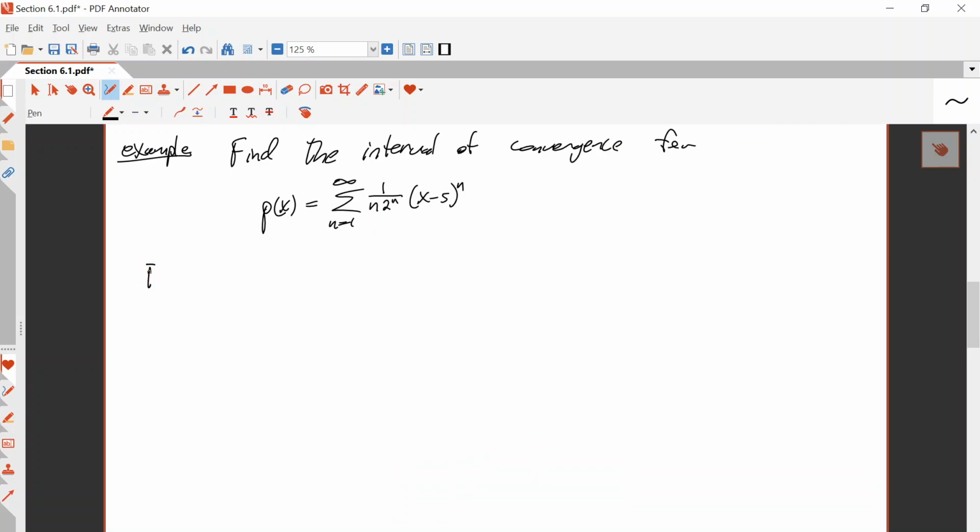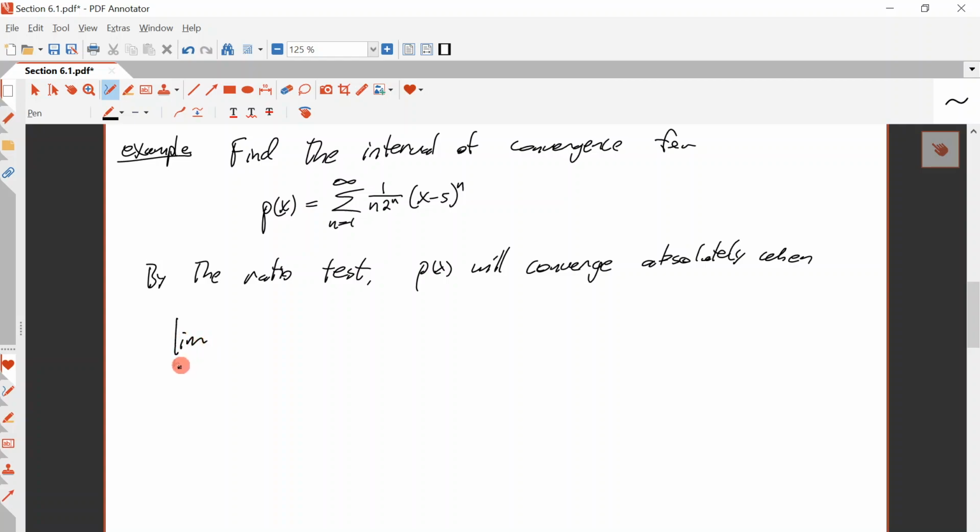Well, by the ratio test, P of x will converge absolutely when the limit as n goes to infinity of the absolute value of a_(n+1) over a_n is less than 1.